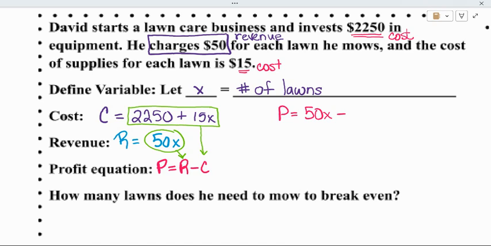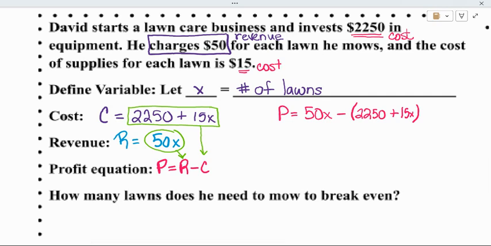Say it again, Avery. Parentheses or brackets, yeah. We have to group that whole thing together, right? Because we're subtracting the initial fee plus the amount of money that he spends per lawn. So we have a negative outside of our parenthesis.